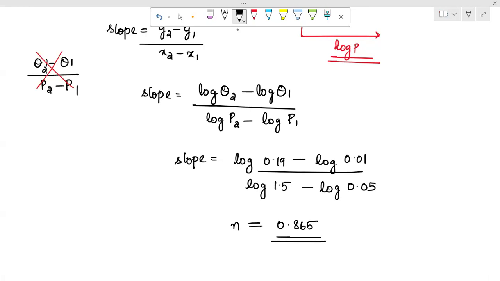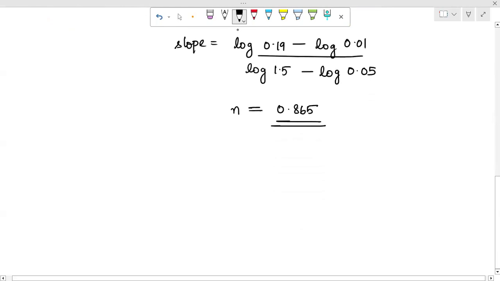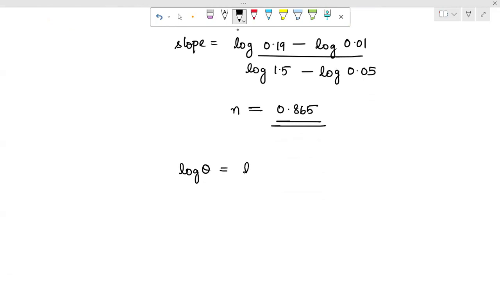Now, when you have the slope, let's come back to the equation, that is log theta is equal to log of k plus n log p. We can plug in the values of theta 1 and p1 over here, and find the value because n is also known, p1 is known, theta 1 is also known.